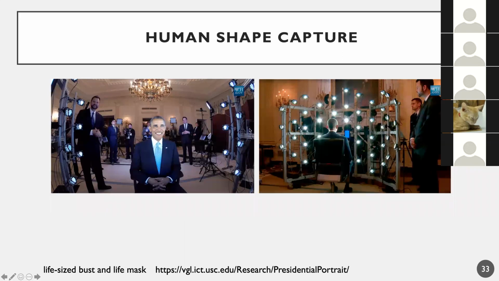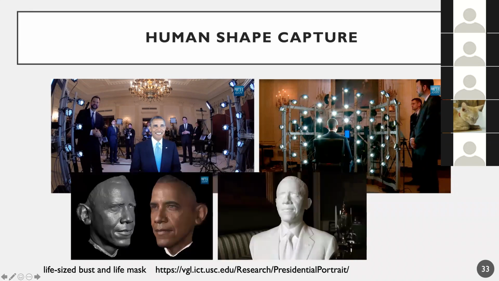Image processing can be used with hardware systems, motion capture, and they were used to capture the characteristics of a person. I think this work belongs to the University of Southern California, and they have used a number of cameras here, and there are a lot of LEDs as well.